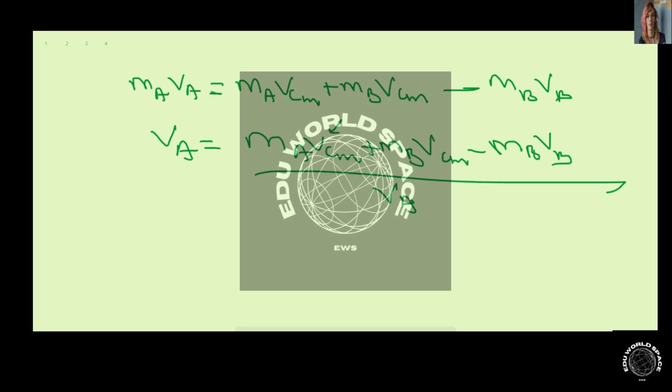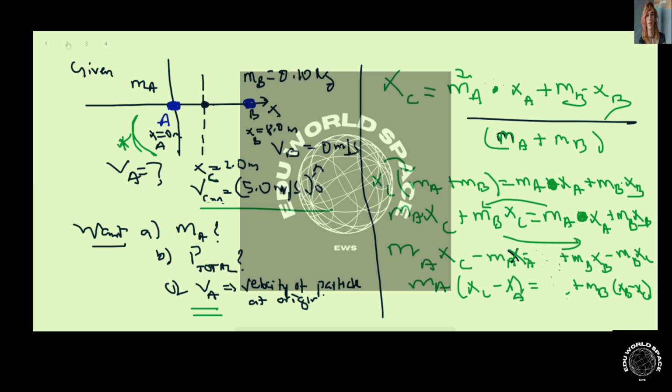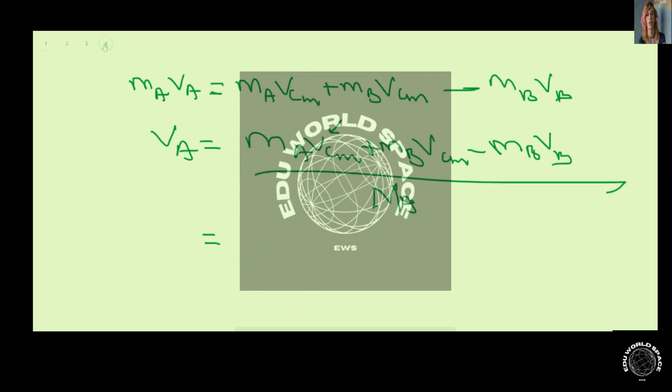And then you want to recall that VCM is the velocity at the center of mass, VB is the velocity at B, and VA is the velocity at A. This should have been MA, sorry.